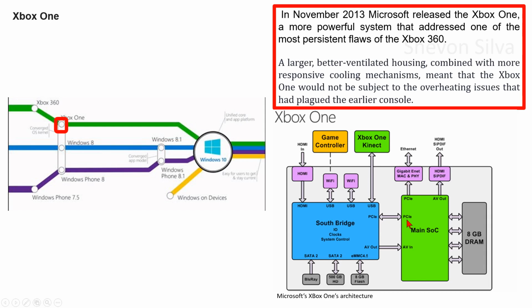PCIe in the main SoC is connected to PCIe in the Southbridge. Basically here, PCIe in the main SoC interacts with PCIe in the Southbridge.